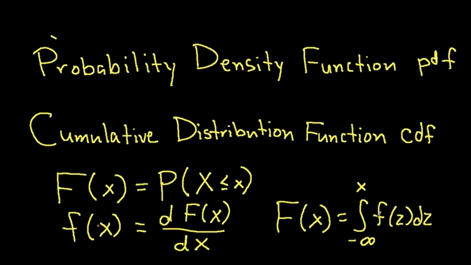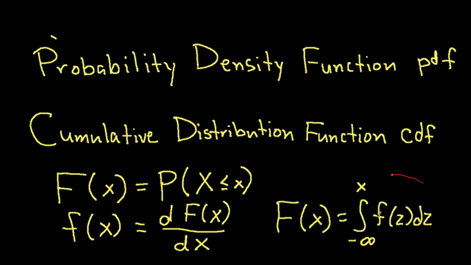What is the relation between the probability density function and the cumulative distribution function? The probability density function, small f of x, equals d by dx of capital F of x. Means if you differentiate the cumulative distribution function, capital F of x, you will get small f of x. Just try to recall your calculus classes. That's the probability density function.